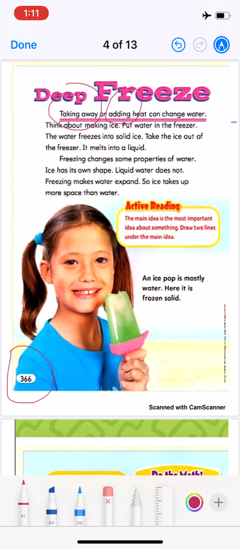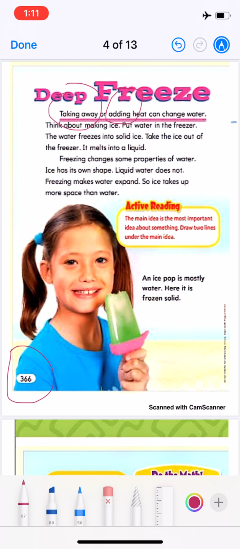What happens when you add heat to ice? It melts into liquid water. Then what happens when you take away heat from water? It freezes into solid ice. That's exactly what happened with the example of the ice cubes.